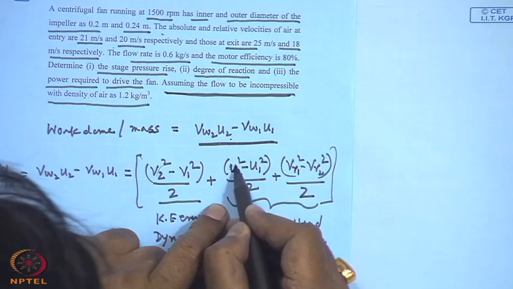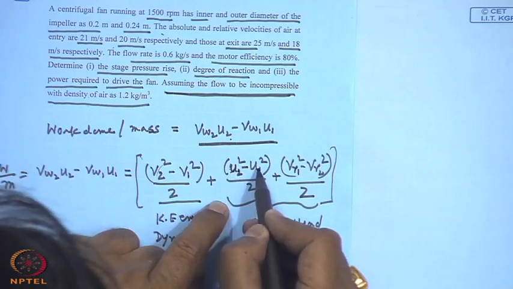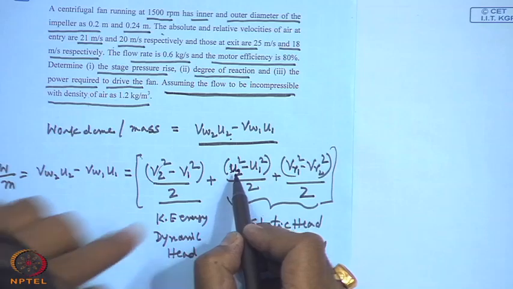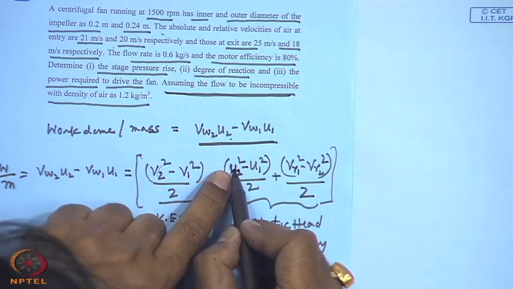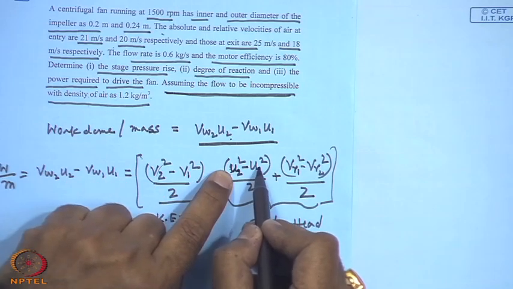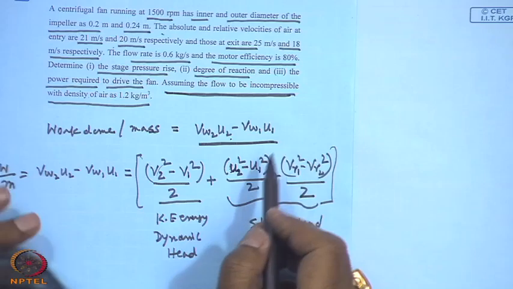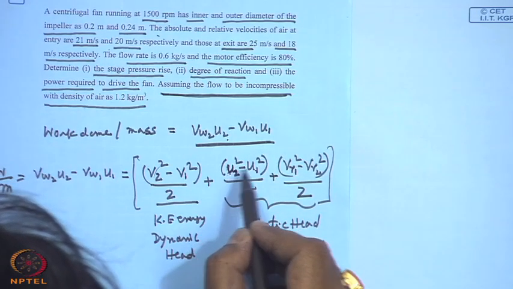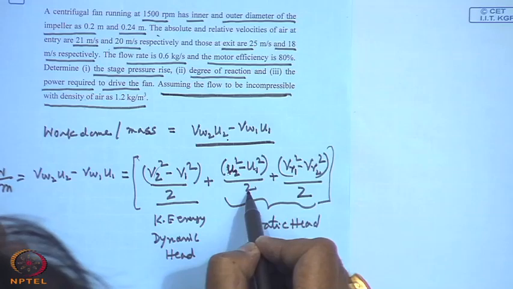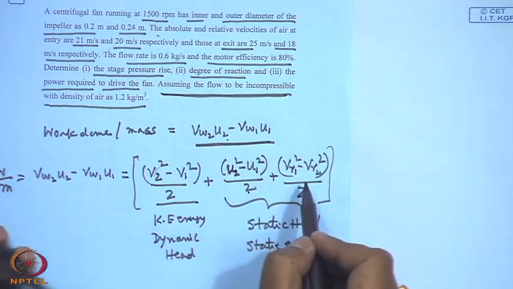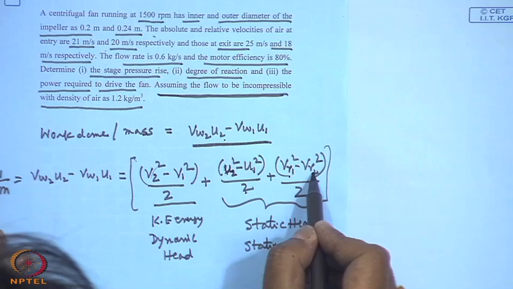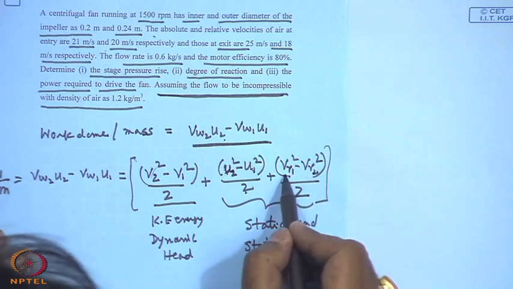This is because of the change in peripheral velocity between the outer radius and inner radius. The fluid, when it reaches the outer radius from the inner radius, gains static pressure, and that change in pressure energy is given by U2 square minus U1 square by 2. Similarly, the change in static pressure because of the change in relative velocity is another part of the diffusion.